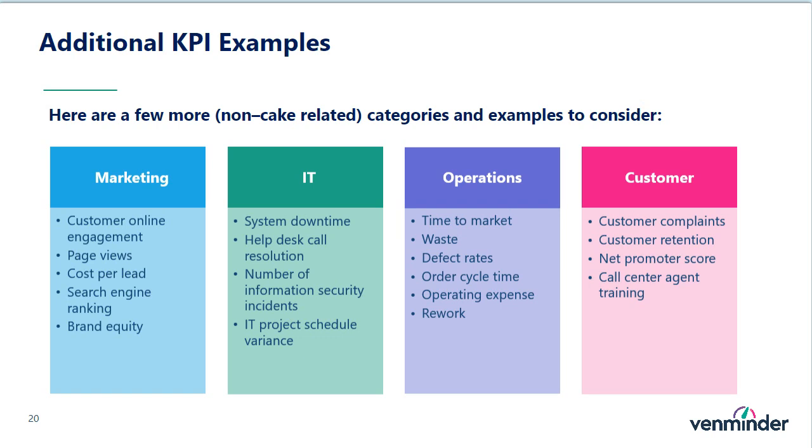In IT, maybe we want to look at downtime or number of information security incidents or help desk resolution. Operational metrics, we can have a lot of those: time to market, waste, defect, cycle time, operating expense, rework. And customer, we may want to look at our Net Promoter Score or customer complaints or customer retention.